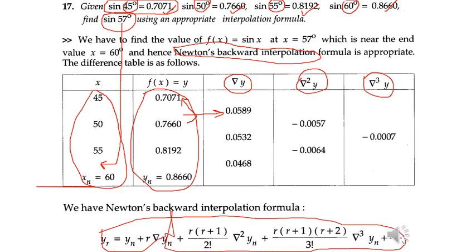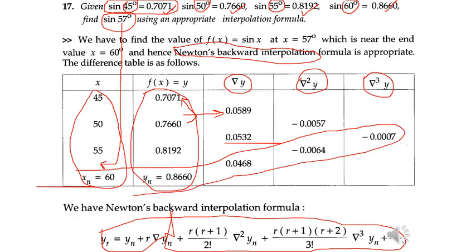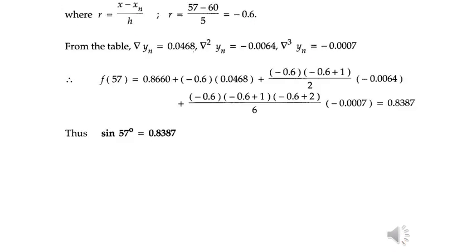Now in the table, which are the important entries? See, these are the important entries which are very useful in the formula. Let us collect all these entries and list. Now let us find out the value of r. The value of r will be here.